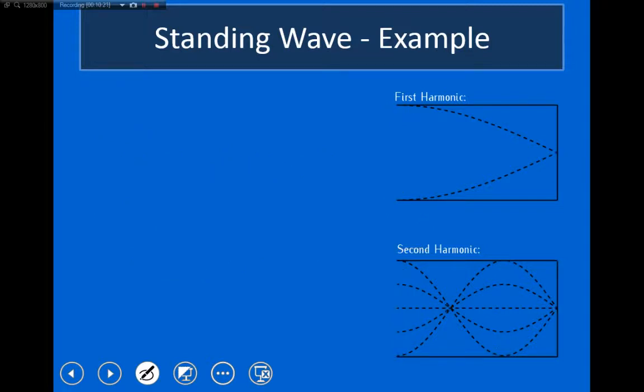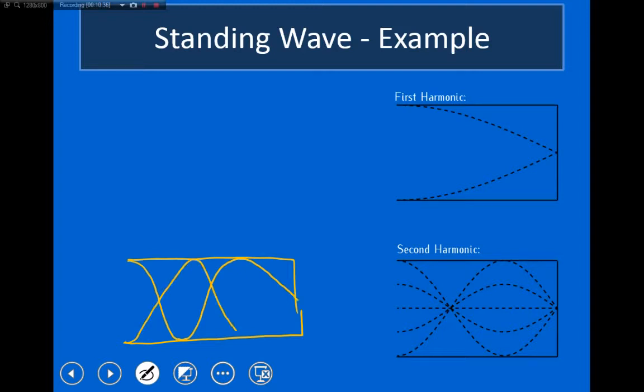So if I go ahead and draw what the next one's going to look like, it's not too difficult to do. We're going to have something that looks like this. So we have 3 nodes in here, and we'll have 3 antinodes. That's what we have for the 5th harmonic: 3 nodes and 3 antinodes.